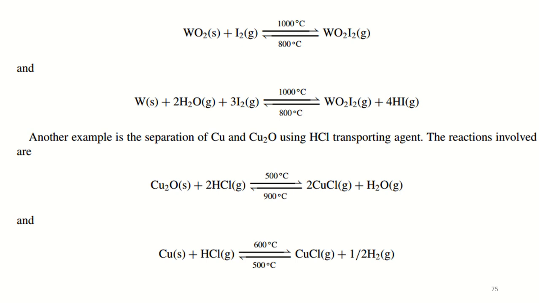Solid copper reacts with HCl gas at 600 degrees Celsius and 500 degrees Celsius and changes into CuCl and hydrogen gas.